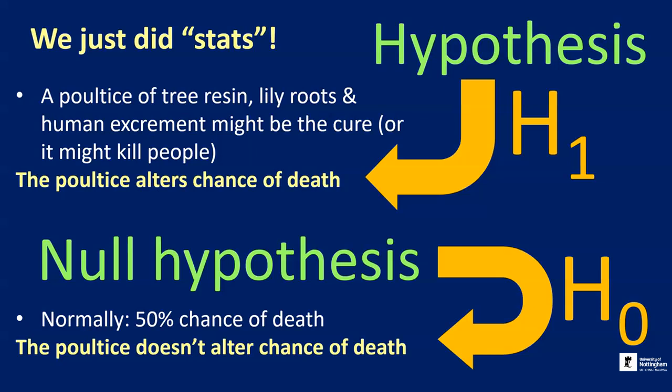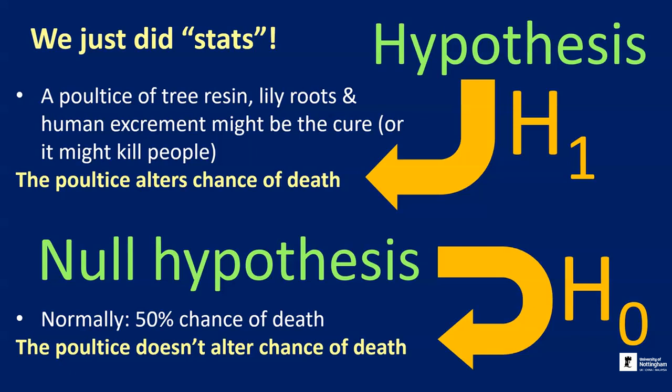And that's the null hypothesis because it's framed in a negative way to say we don't think that anything will happen. We don't think there will be any difference between the two groups of patients, those treated and those not. And we abbreviate it to H0. So H0 and H1 are a pair of hypotheses. One says something's happening, one says something's not happening.